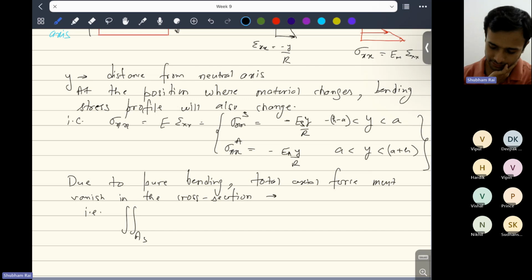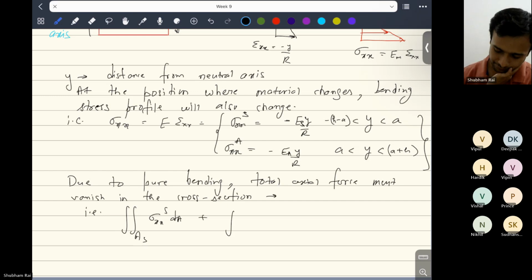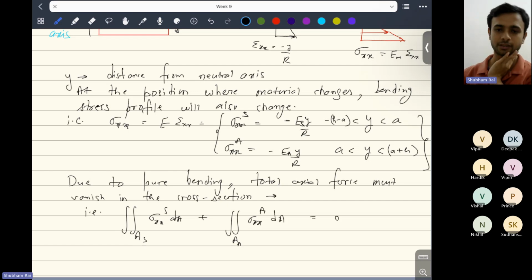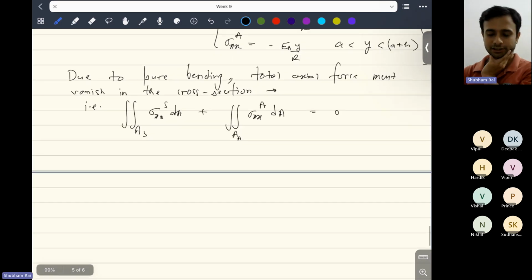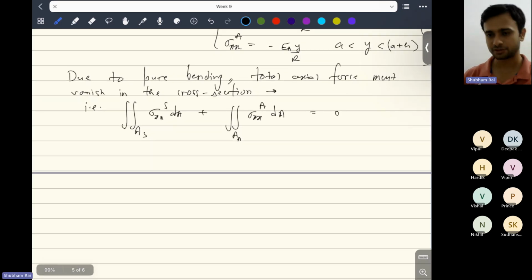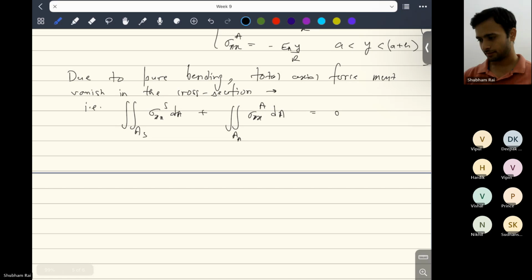So that will be integral of sigma xx in steel dA plus integral over the area of aluminium of sigma xx in aluminium times dA, and that should be zero, right? So total axial force should be zero because it is a case of pure bending.